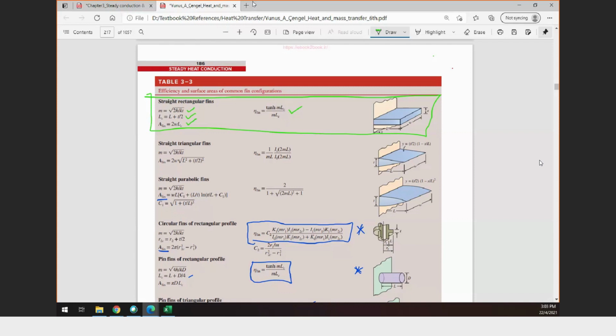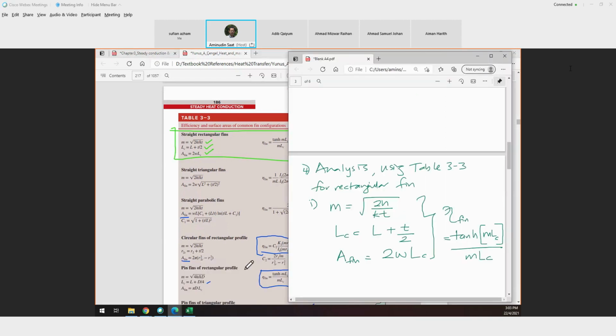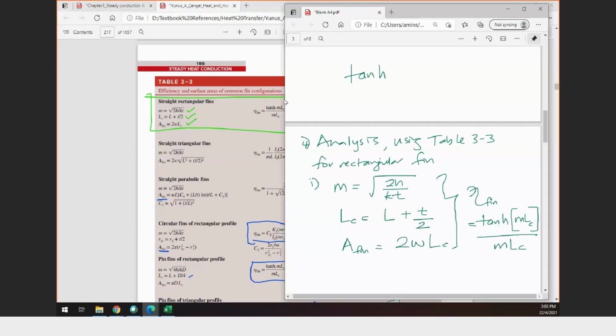What your previous seniors did was calculate the tanh of m first, then multiply by Lc. That is totally wrong, and you will get a different answer.